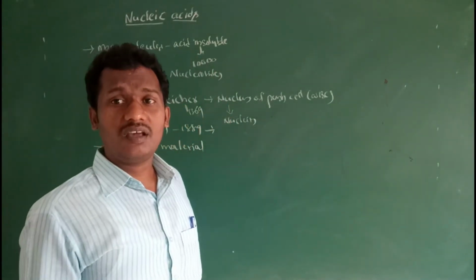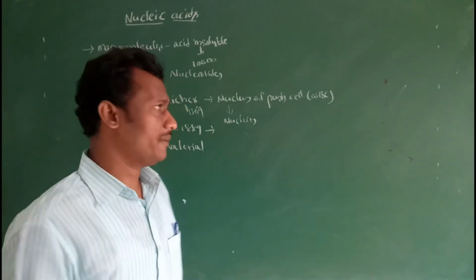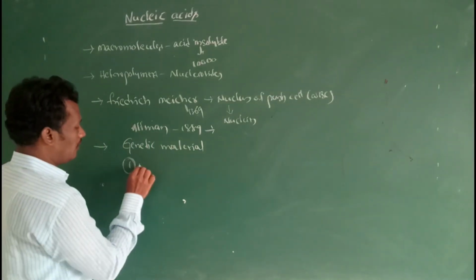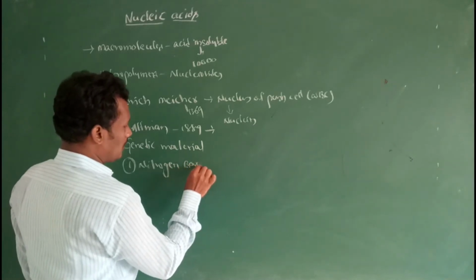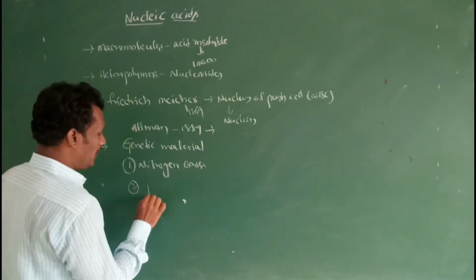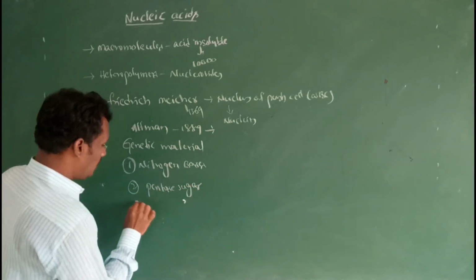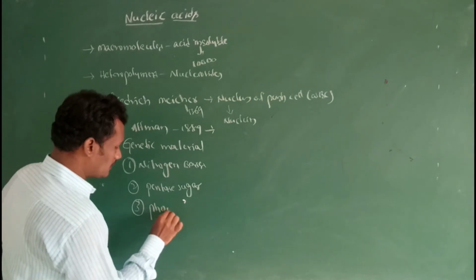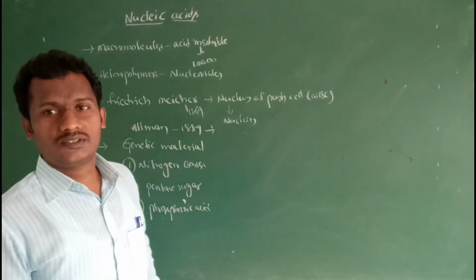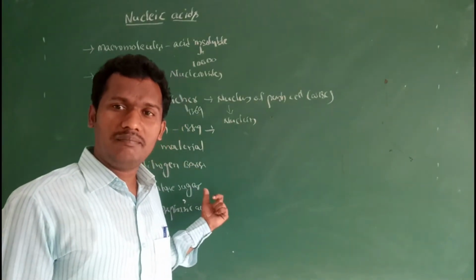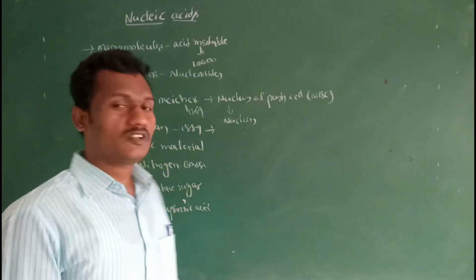These nucleic acids are composed of three main components: first, nitrogen bases; second, pentose sugar; third, phosphoric acid, the phosphate moiety.